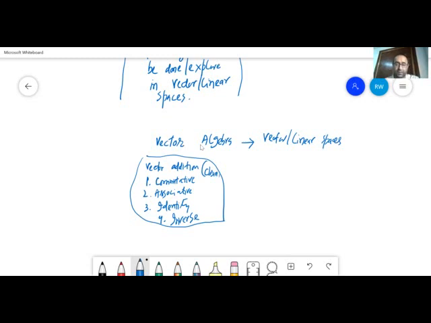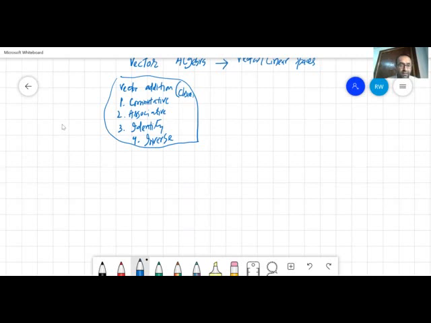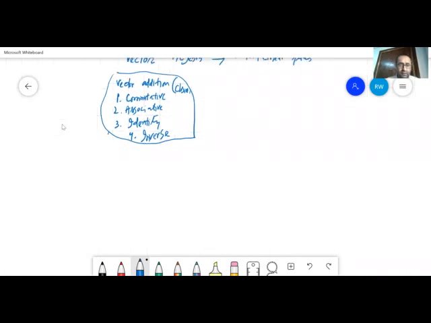Under the scalar multiplication, you have some more properties, and this is the full package of a vector space. So we have another operation defined, which is scalar multiplication.